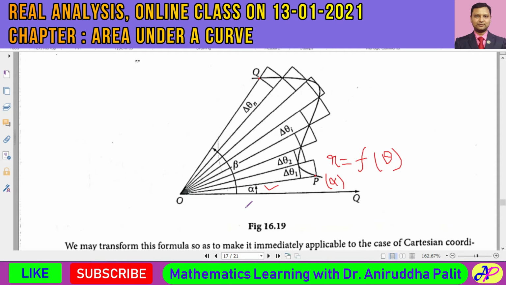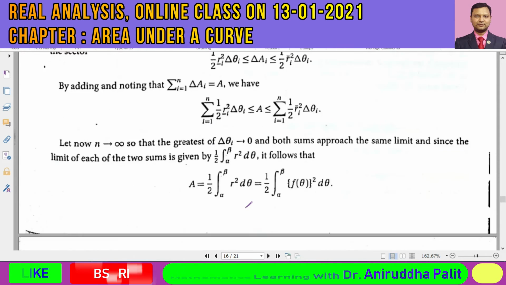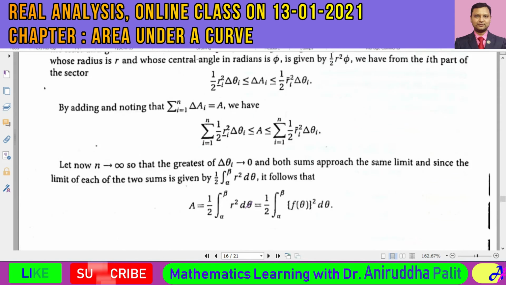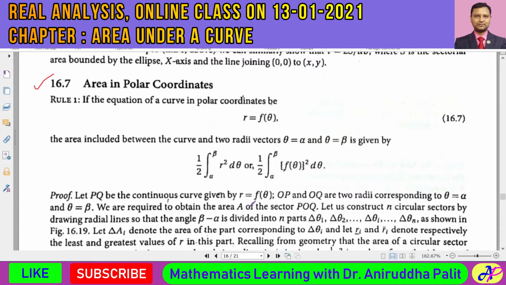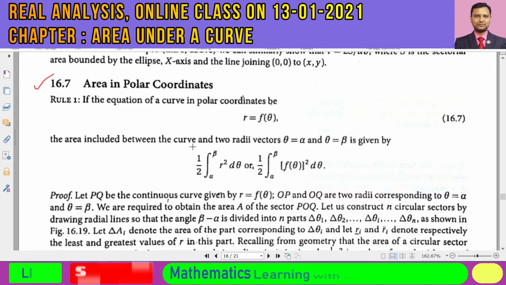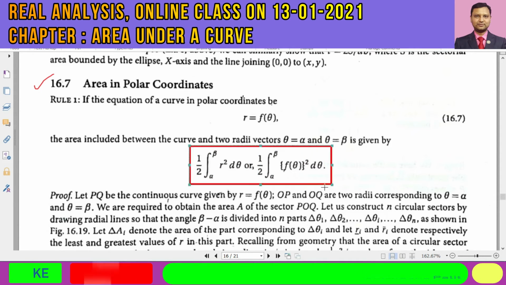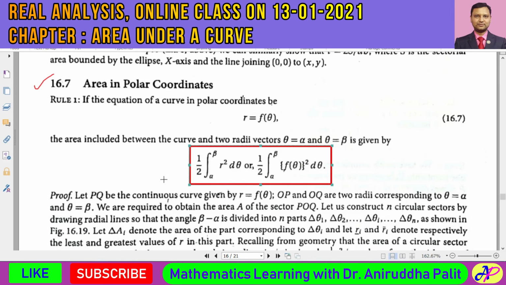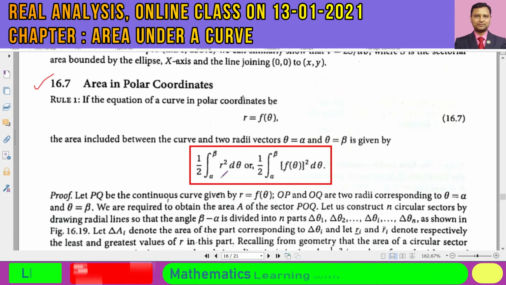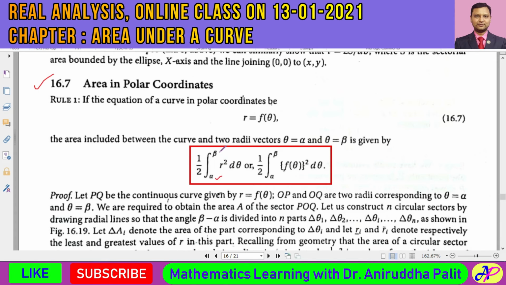In that case, how to find out the area under this curve? This is the formula. I'm not going to discuss this deduction. You just need to know the formula. Half of integral r square d theta, where theta varies from alpha to beta.